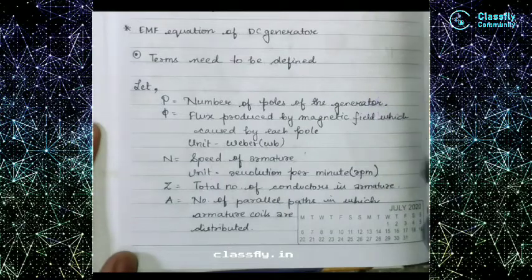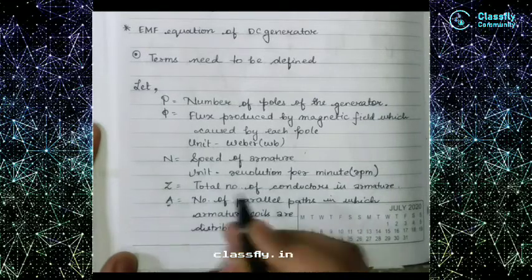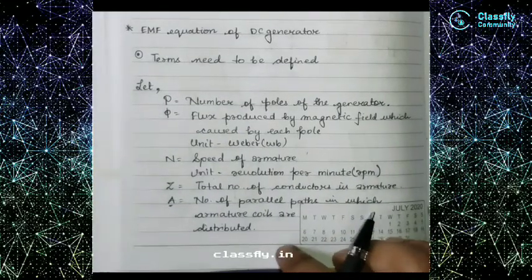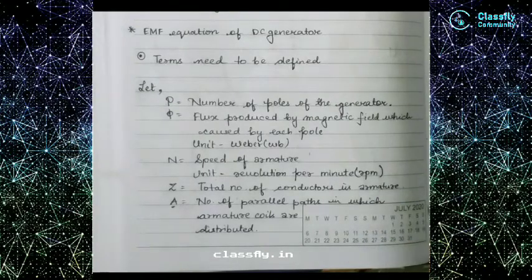So the parallel paths in which the coils are distributed will be denoted as A.